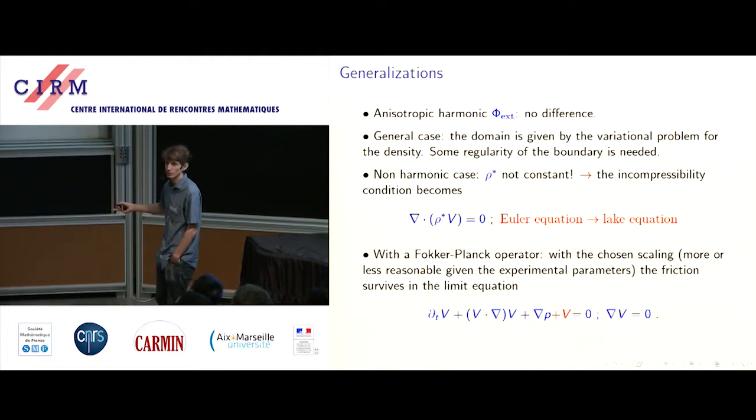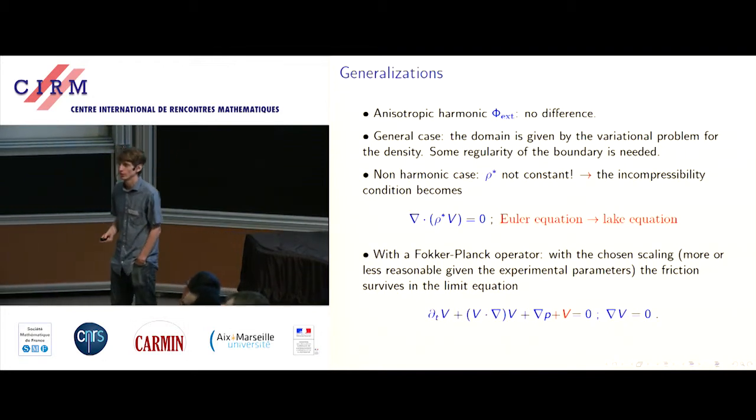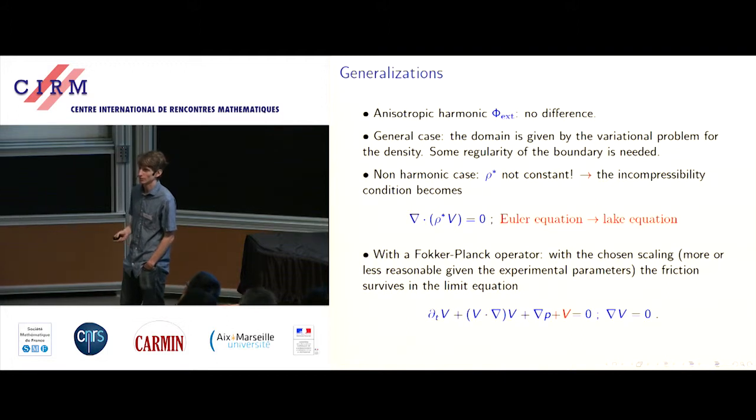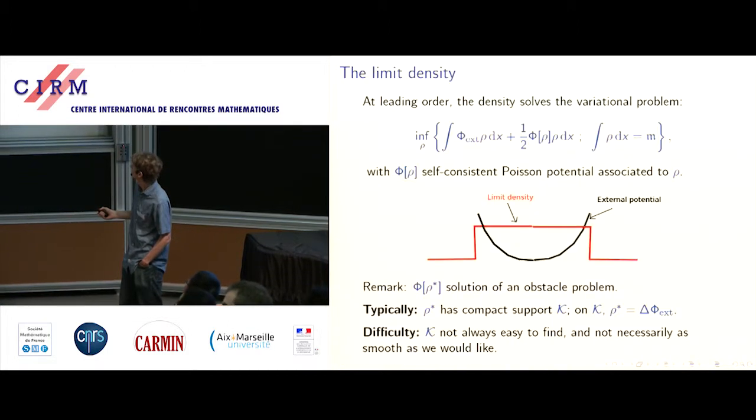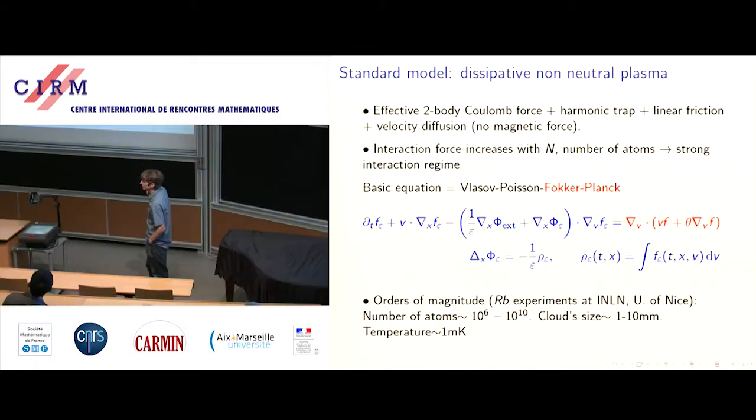So the friction survives in the limit. Not diffusion, because you will see that the scaling is such that this disappears. You have to assume that this goes to 0. It will be in the scaling where both epsilon and theta go to 0.